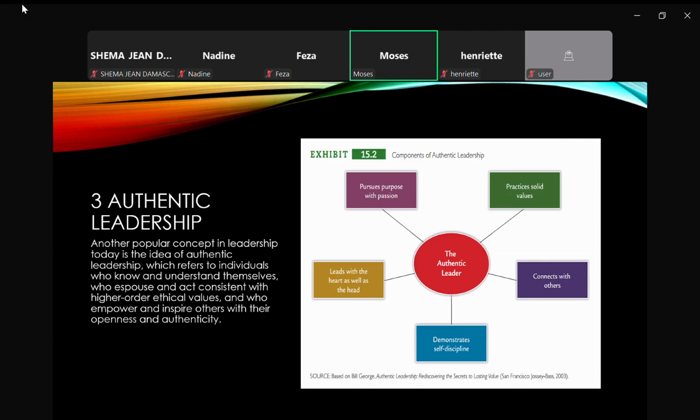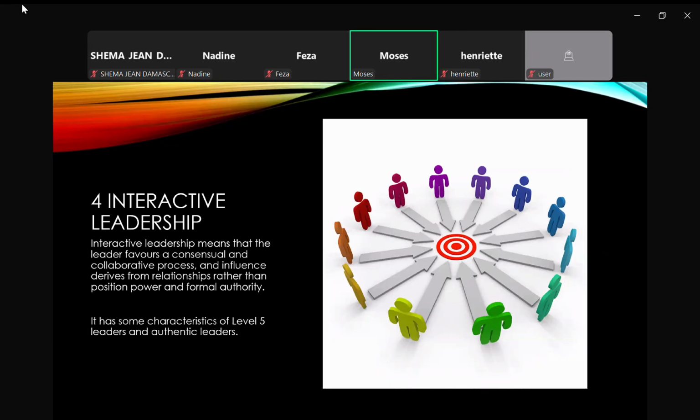An authentic leader is someone who has those features. And then we have someone we call an interactive leader. An interactive leader is someone who likes to get consensus from other people before a decision is made. There are some leaders who are like that.